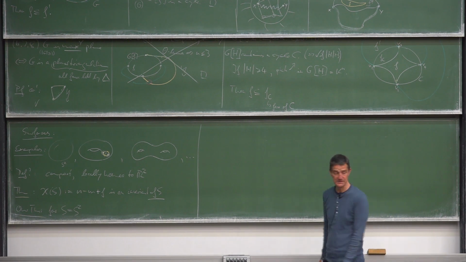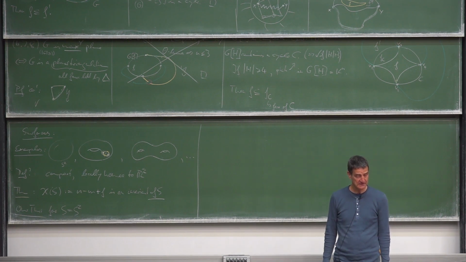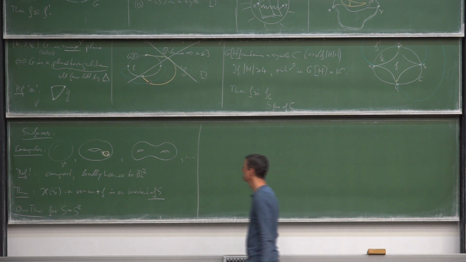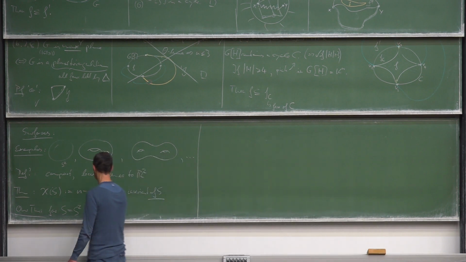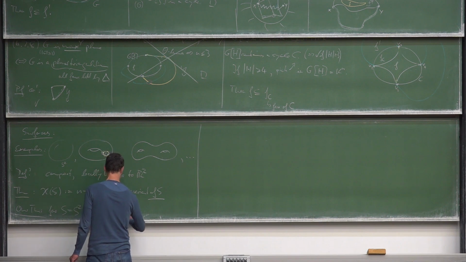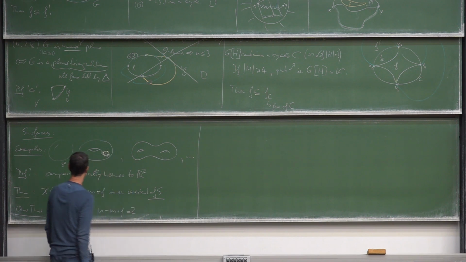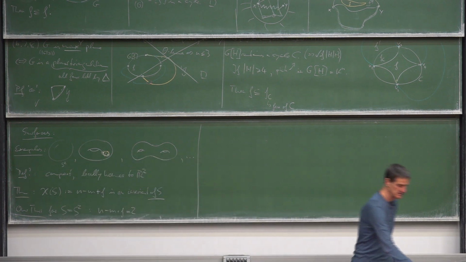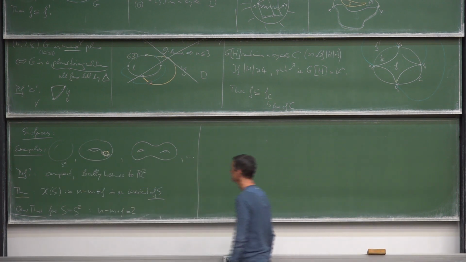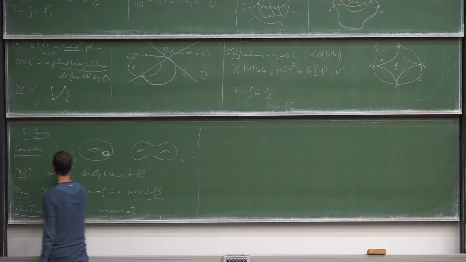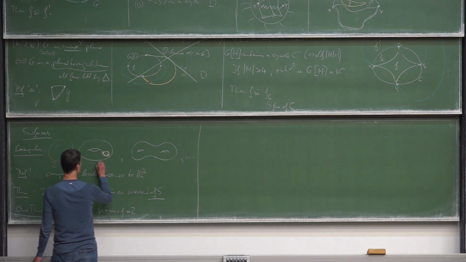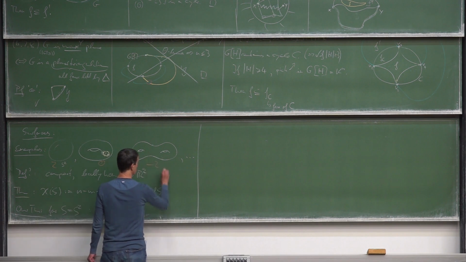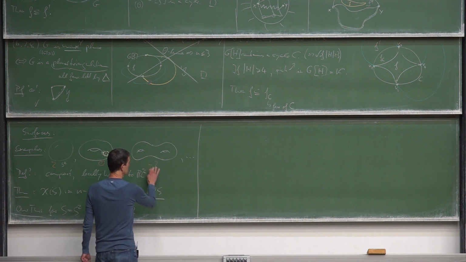Okay, so n minus m plus f is 2, right? And so you get 2 here, you get 0 there, you get minus 2 there, and so on.